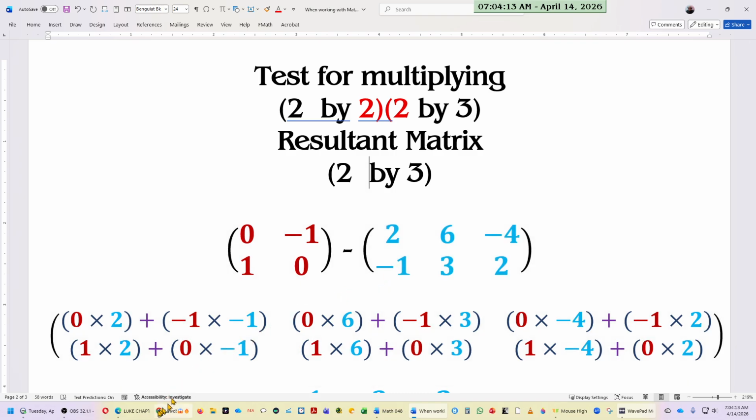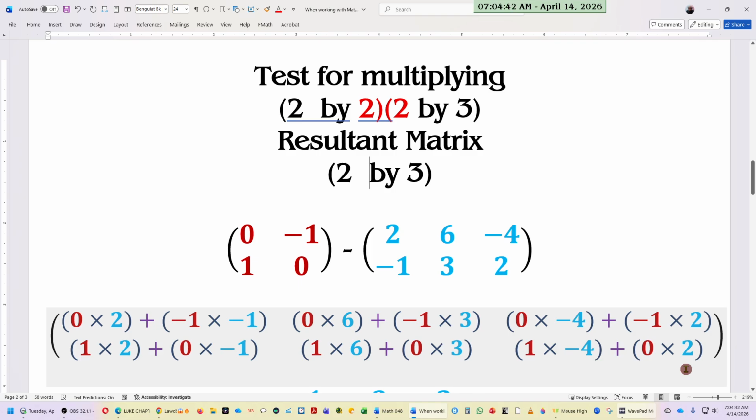And I want you to notice how we have the first matrix in red. Notice it's 0, 1, minus 1, 0, 0, 1, minus 1, 0, 0, 1, minus 1, 0. Okay? And then as we go across, it's going to be 2, 6, and minus 4 in the first position for the first row, and minus 1, 3, and 2 in the second position.